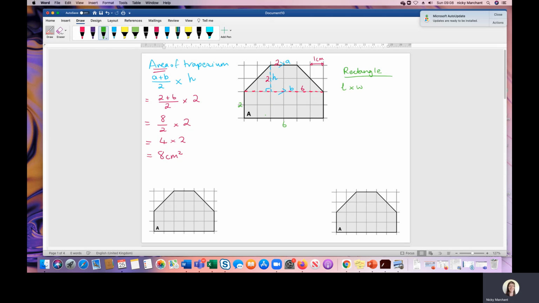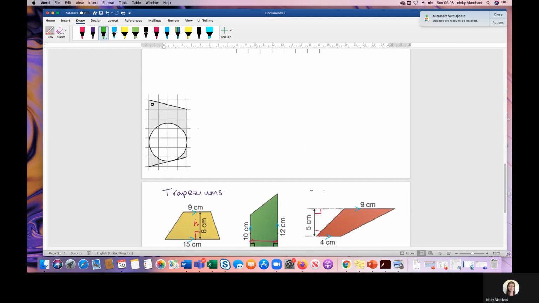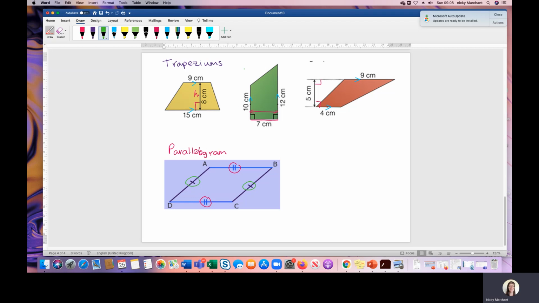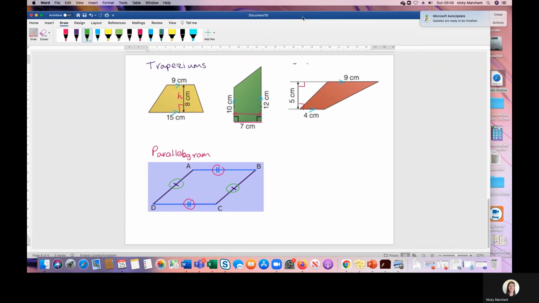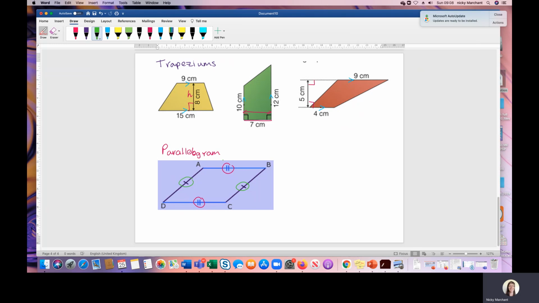But in a parallelogram, you'd have your base times your perpendicular height. It's like a squashed rectangle. Let me show you that quickly on this other one down here. It's a parallelogram. So the area of a parallelogram would be the base times the perpendicular height.